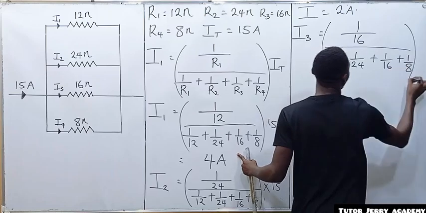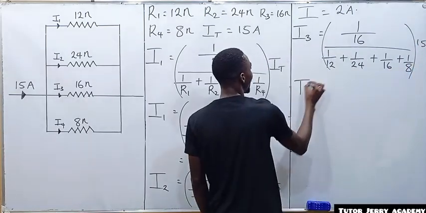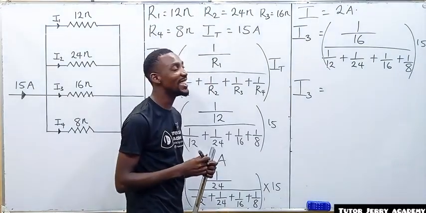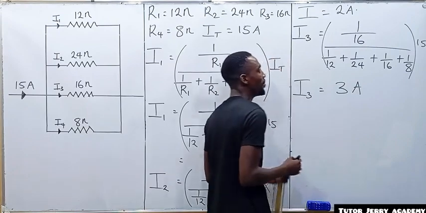Again, you multiply this by 15. By the time you press this directly in your calculator, you are going to have I3 to be 3 ampere. You can confirm this for us.